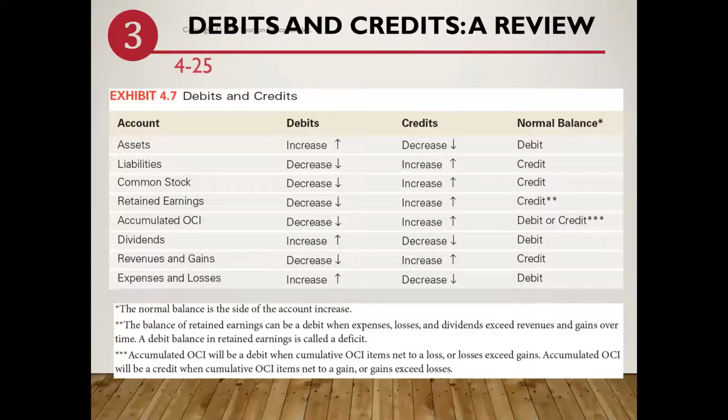When a company pays its supplier the amount owed, it debits accounts payable to reflect a reduction in the liability. Equity accounts, such as common stock and retained earnings, also increase with credits and decrease with debits.